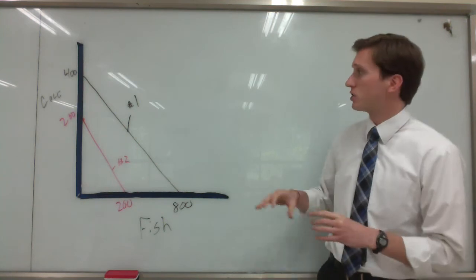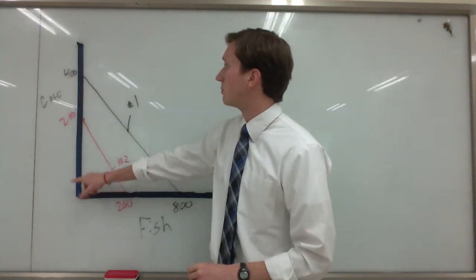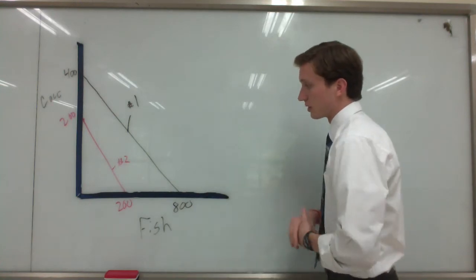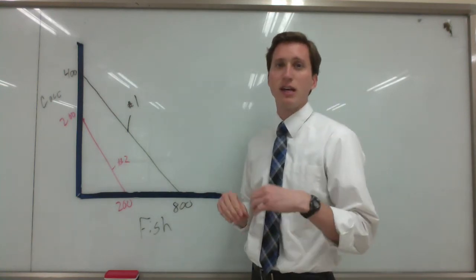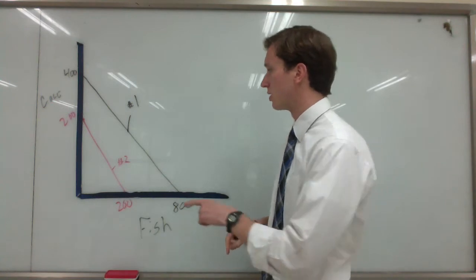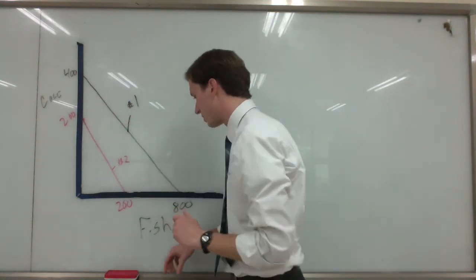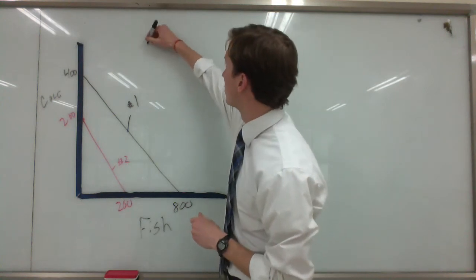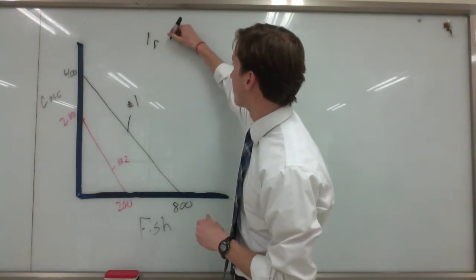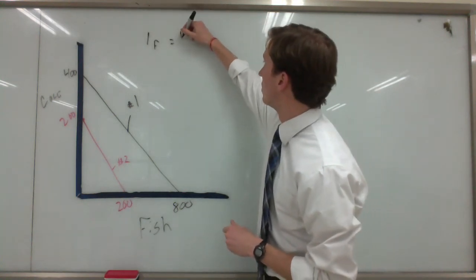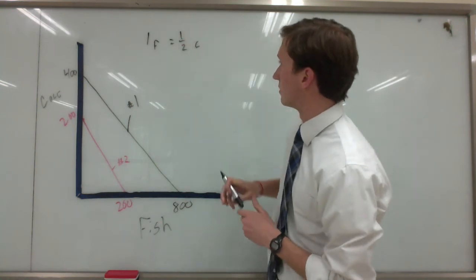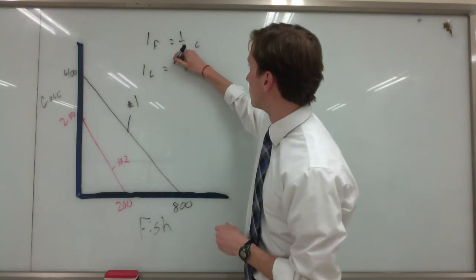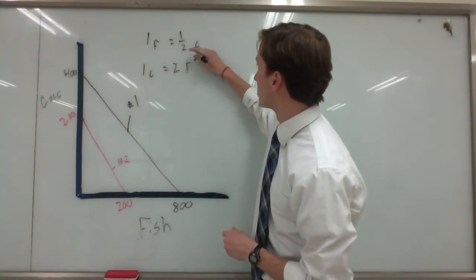Now for absolute advantage, it's just plain and simple: who can produce more if they're only producing coconuts? Who can produce more if they're only producing fish? Now comparatively, you have to look at the per unit opportunity cost. So for guy number 1, we already know 1 fish equals 1/2 of a coconut, or 1 coconut equals 2 fish.